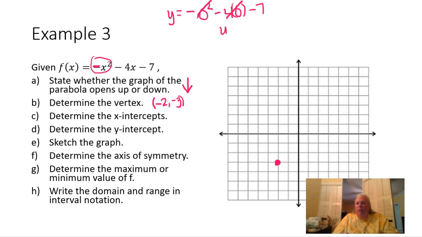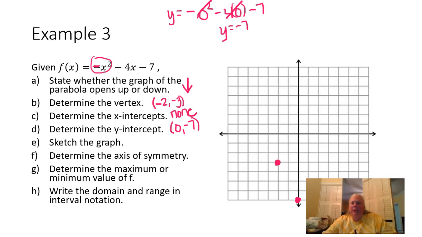It's just going to be 0. So it looks like my y-intercept is going to be at -7. And that's going to be right here. And we had no x-intercepts there.